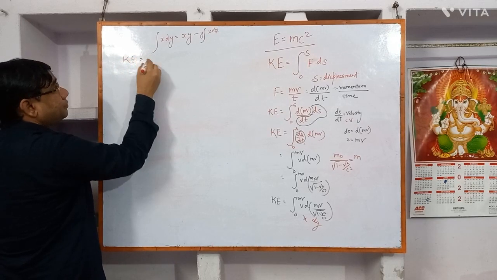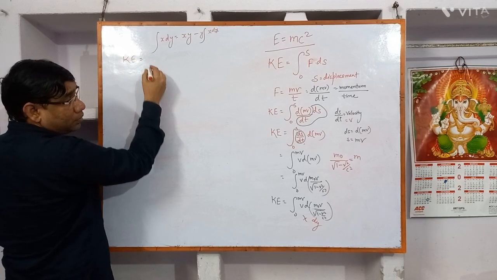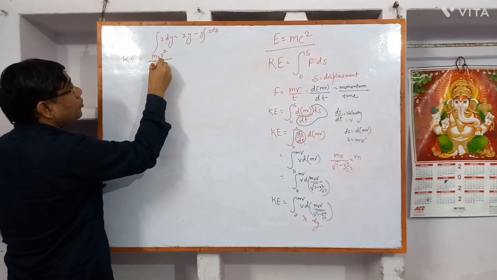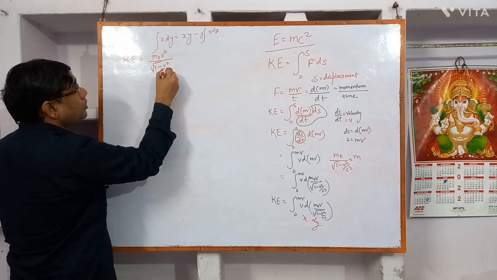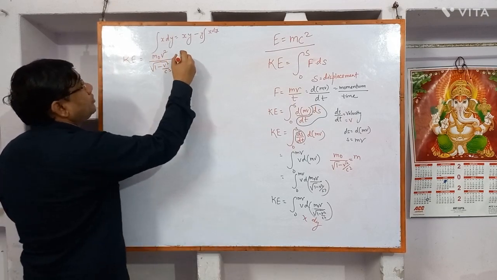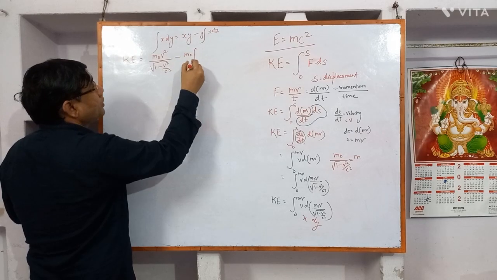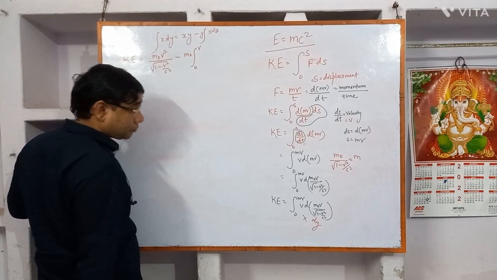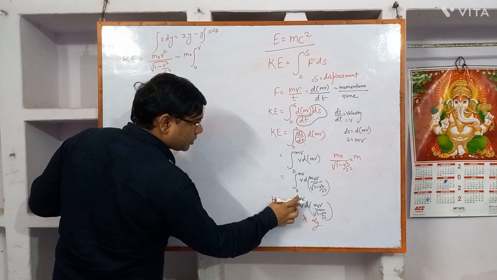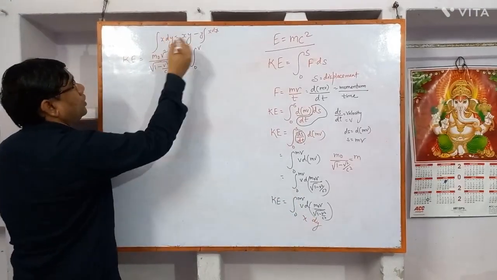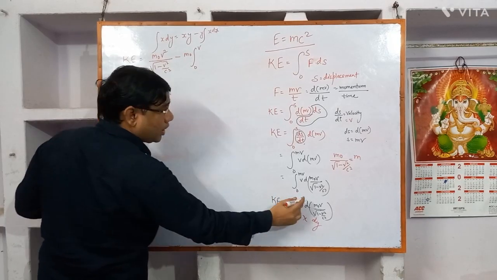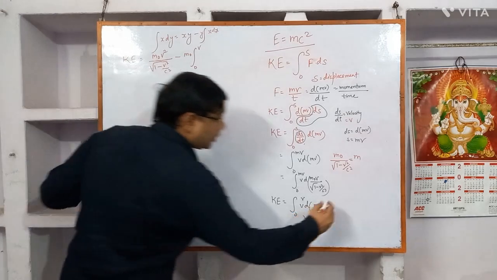Now the kinetic energy becomes mv square under root 1 minus v square upon c square, and this value becomes mass from 0 to v, where mass is constant. You can remove this constant value.